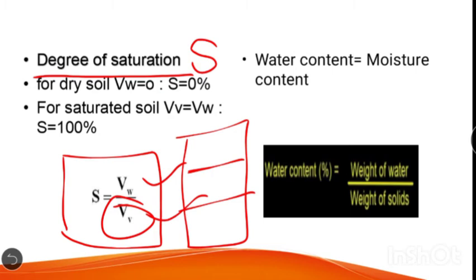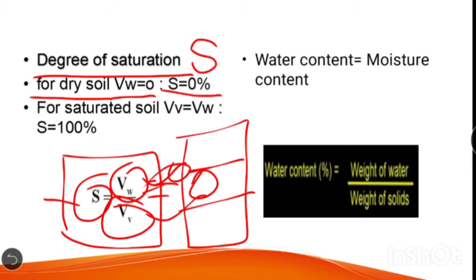And friends, for dry soil, as I already told you in the two phase system, there is no water, so the volume of water will be 0. When the volume of water is 0, put the value here, and the whole degree of saturation will become 0.